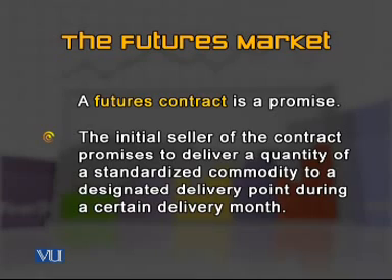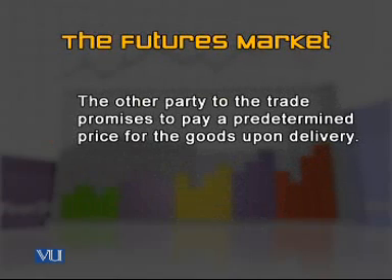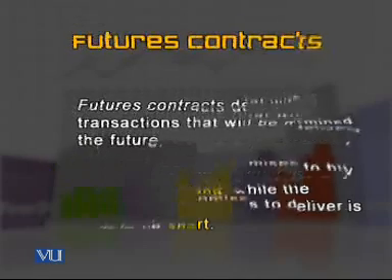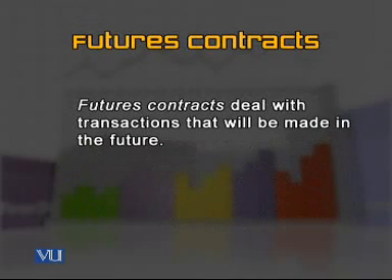So, the initial seller promises to deliver a standardized quantity to a designated delivery point during a certain delivery month. The other party of the trade then promises to pay a predetermined amount for the price of the goods. The person who promises to sell is going short. The person who's promising to buy is going long. So time is fixed, price is fixed, quantity is fixed. Futures contracts deal with transactions that will be made in the future.